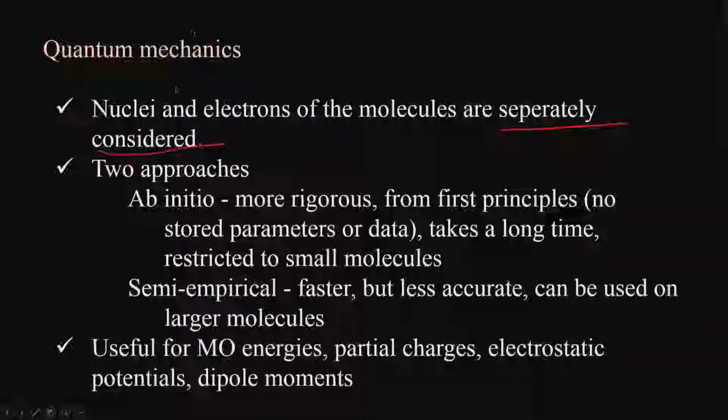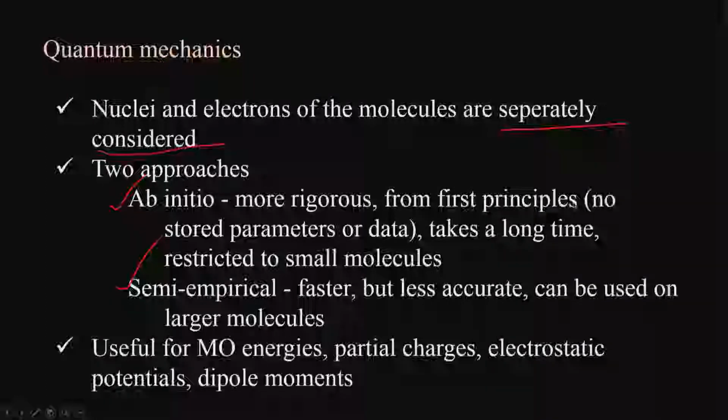There are two different approaches, one is called ab initio, the other one is called semi-empirical. Ab initio is very rigorous, it is based on first principles. There are no stored parameters or data, so it takes much longer time.